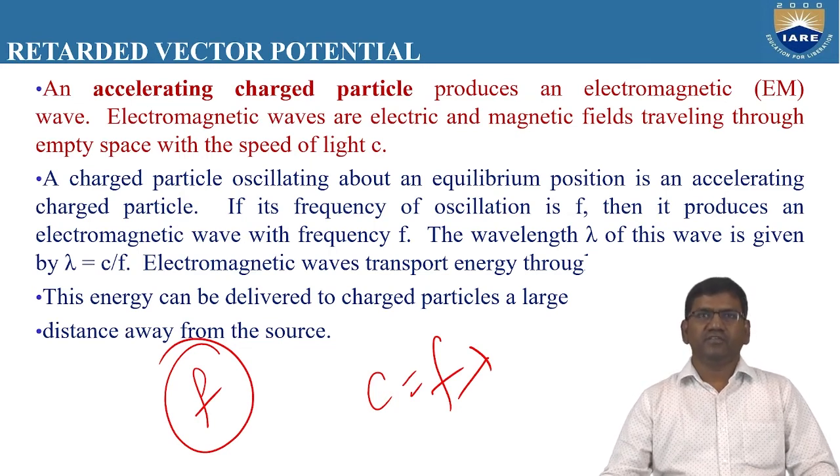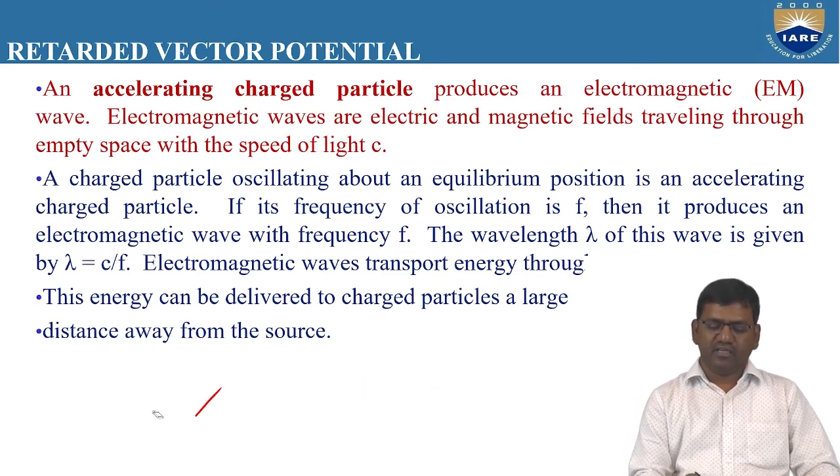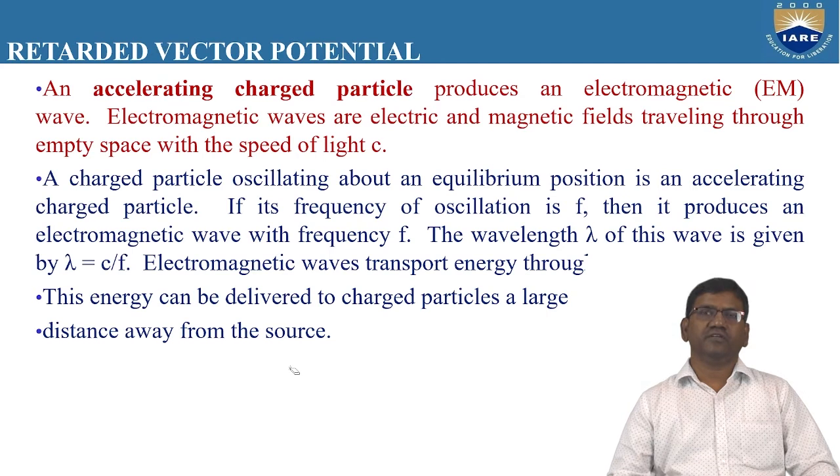Whenever these electromagnetic waves are produced by the current element, they are radiated into free space. These can be delivered to charged particles at a large distance from the source. As discussed in the earlier session, these radio waves travel along 3 zones: the near field zone, the radiated field zone, and the far field zone.